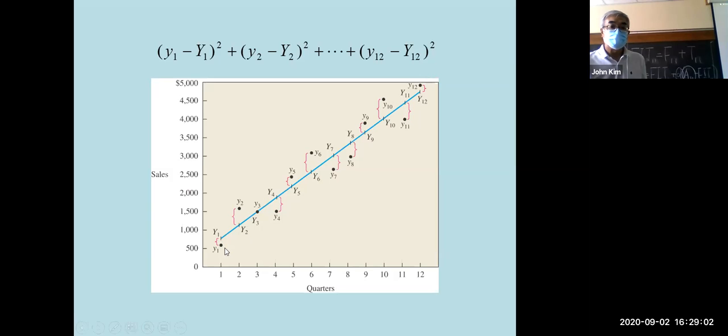We can find any line, but among them, we take the distance between actual and the forecasting regression line, squared. So this one is actual minus forecasting line, or regression line, squared, and the next distance squared, and so on. Then using the derivative and setting it equal to 0, we find this formula.